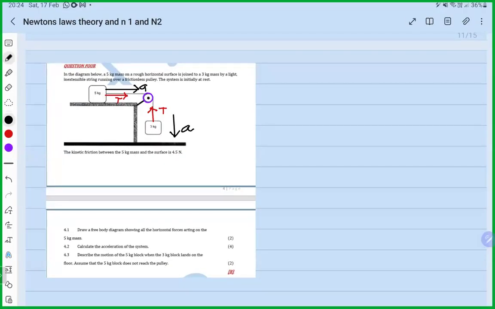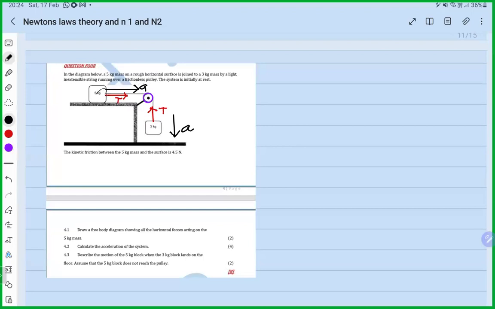Right, coming back here. There's quite likely going to be a frictional force here. Let's read the question. It says, in the diagram below, a 5 kilogram mass on a rough horizontal surface.